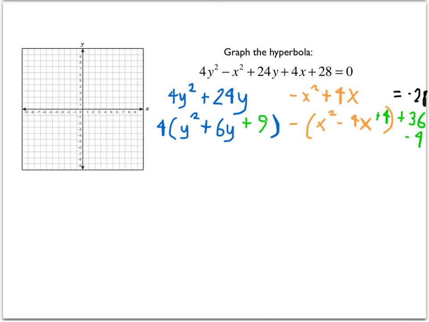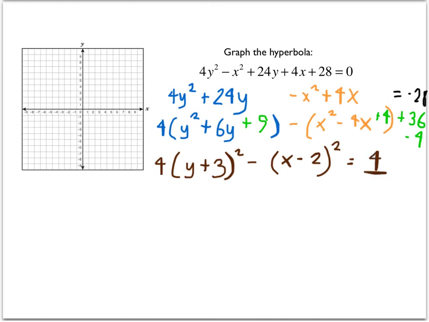And so I think what I end up with here, out of all this now, I'm going to go to a normal color. I'm going to have 4 times y plus 3 squared minus, this is going to be x minus 2 squared. And then out of all this, I think I'm going to get plain old 4 here.